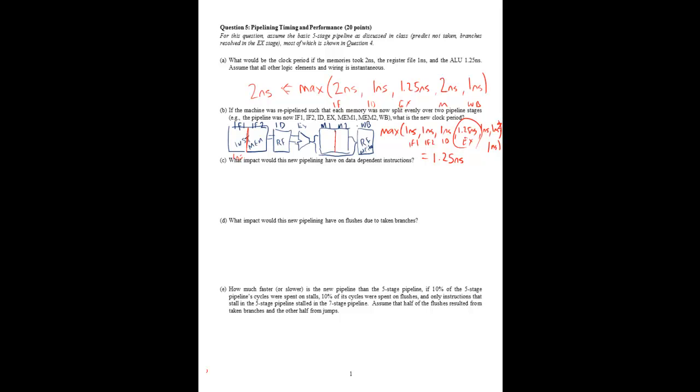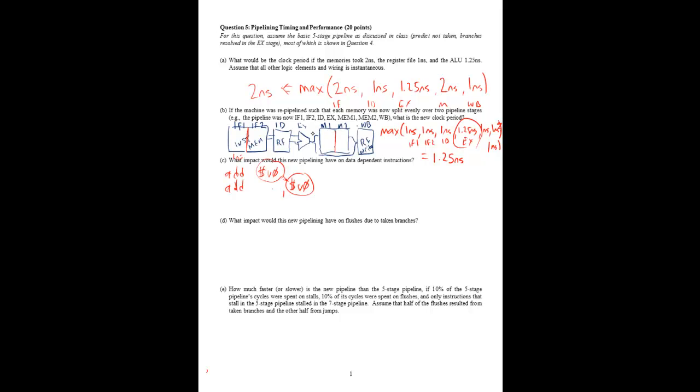So what impact does this have on data-dependent instructions? Well, the easy case, if we have an add that writes some register followed by another operation that is going to read that register so that there's a true dependence between these instructions. Well, it turns out this case isn't affected at all.